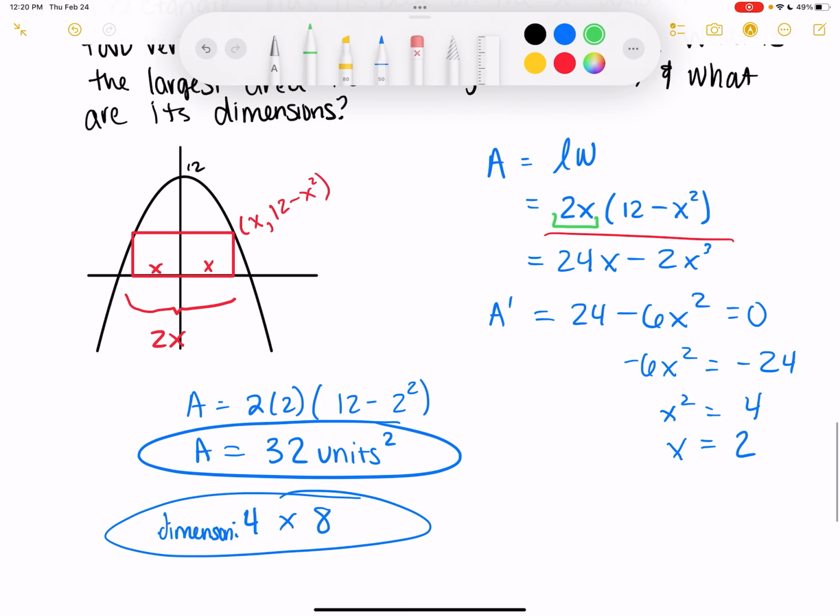The 2x is what's giving me the 4, and then the 12 minus x squared is giving you the 8 when evaluated at x is equal to 2. So that would be the rectangle with the largest area, and those would be the dimensions of that rectangle.